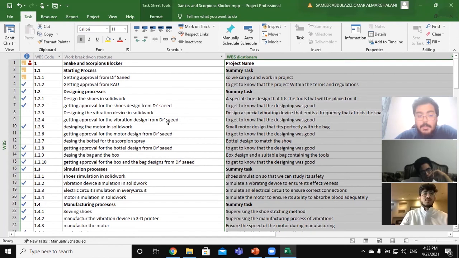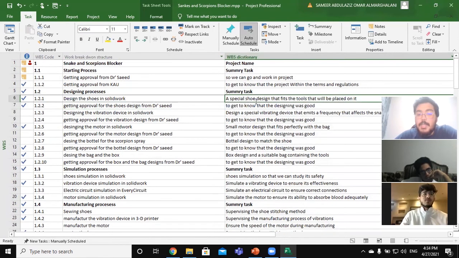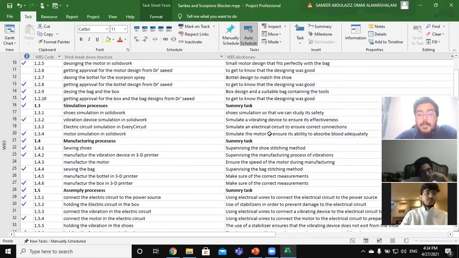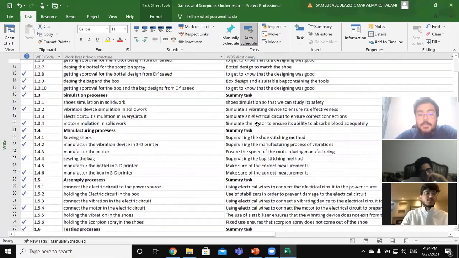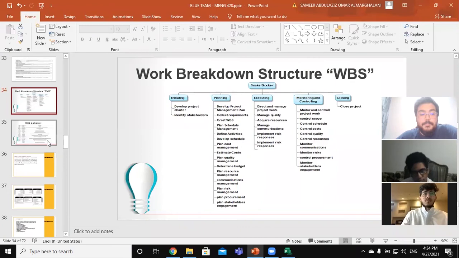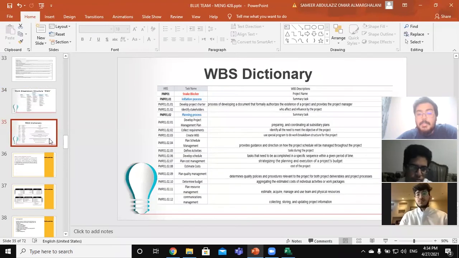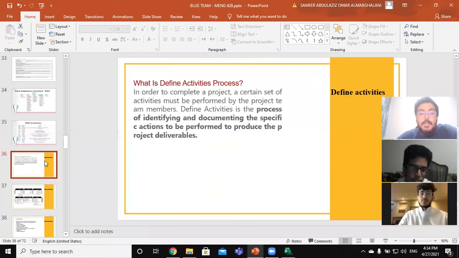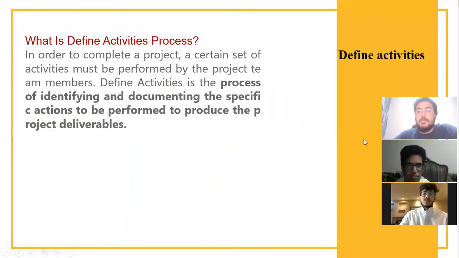For example, design the shoes in SolidWorks, a special shoe design that fits the tools that will be placed on it. And these are the rest of the WBS dictionary for our project. And that's all for the WBS. Now let's move to my friend Yazeed to talk about his part.